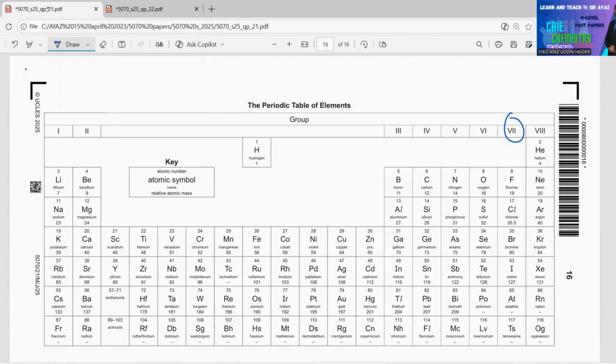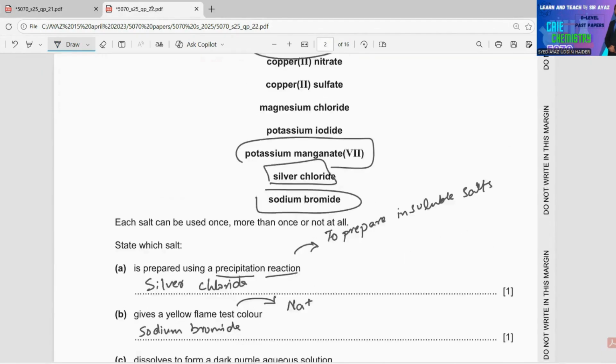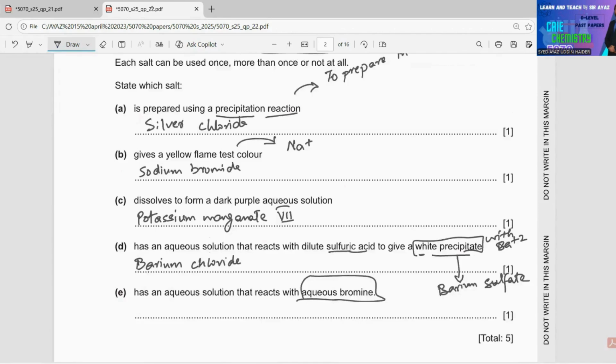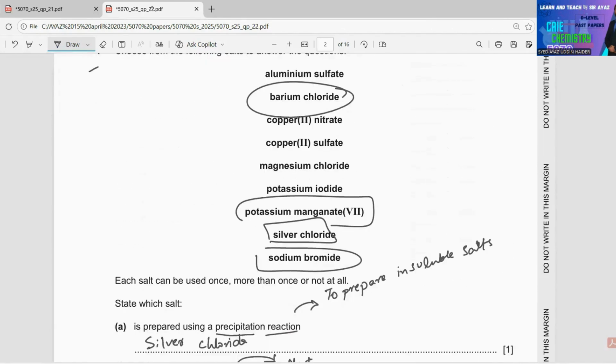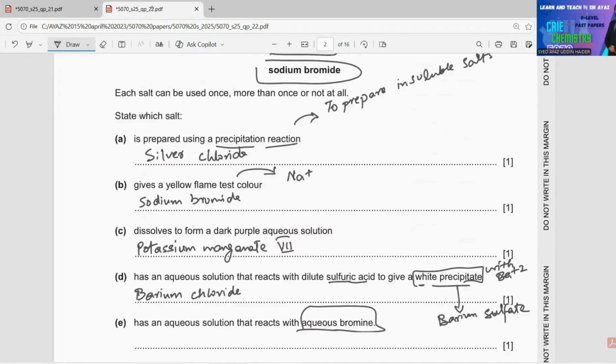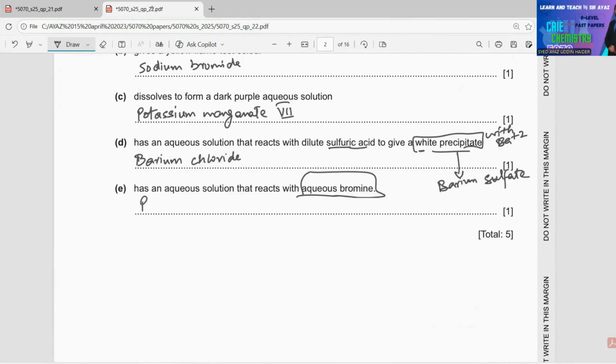If you go down the group, the reactivity decreases, which means the halogen at the top will be able to displace the halogen from its compound below it. So bromine must be reacting with the salt of iodine, as iodine is below bromine. So potassium iodide must be the right answer in this case.